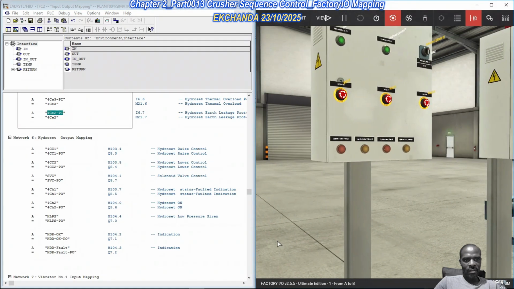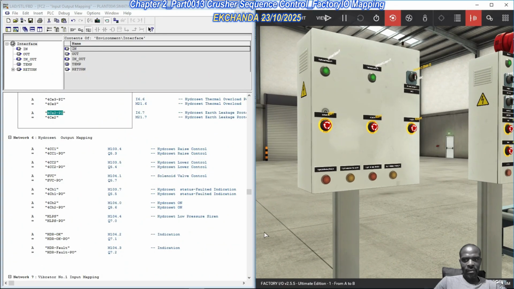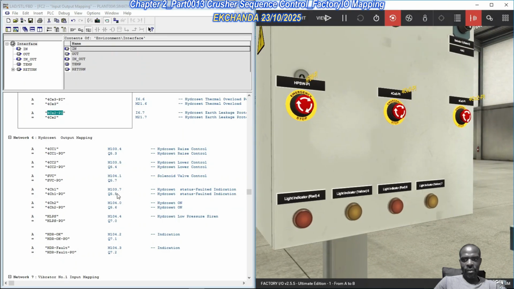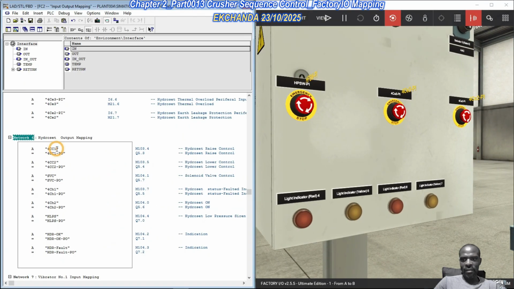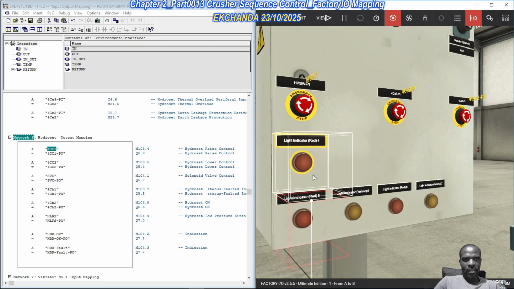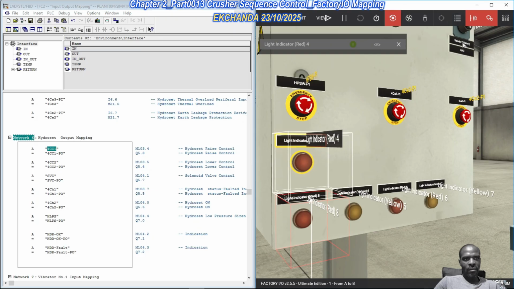So clearly we're here, okay? So we need to just map 4CC1. Okay, we need to map 4CC1. This is 4CC1, like so.